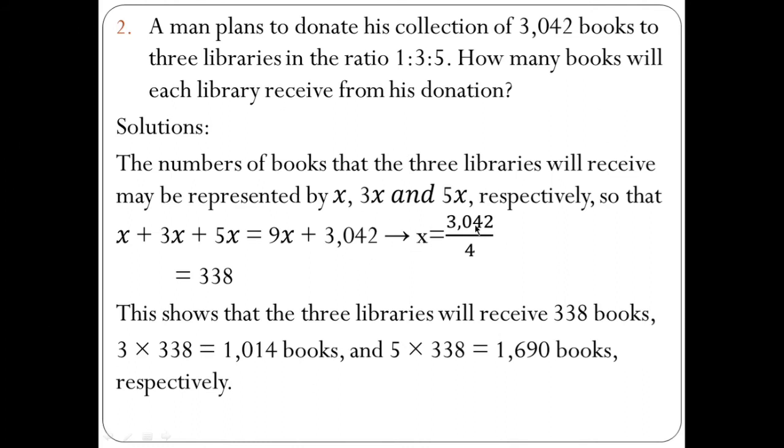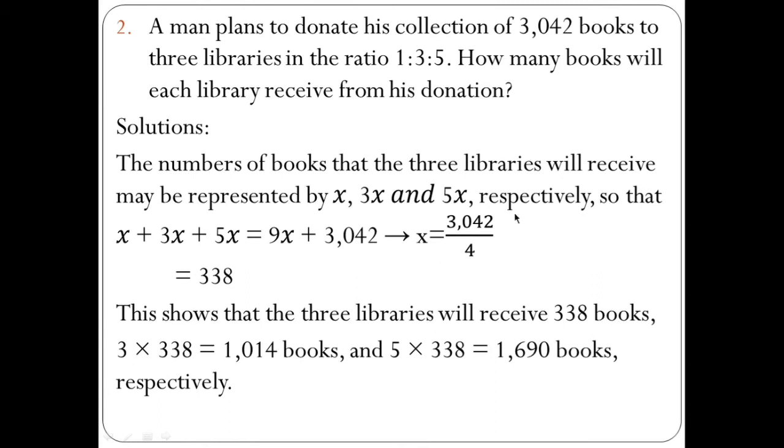Cross-multiplication, we have x equals 3,042 books over 9. Namali ata yung pag-input ko. So, 3,042 divided by 9. The result will be 338.